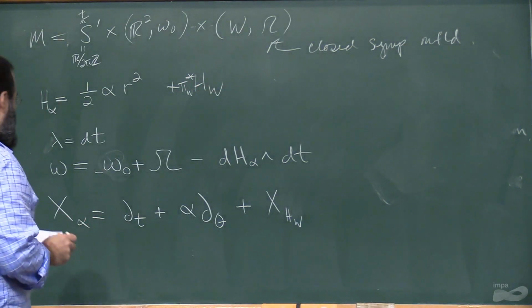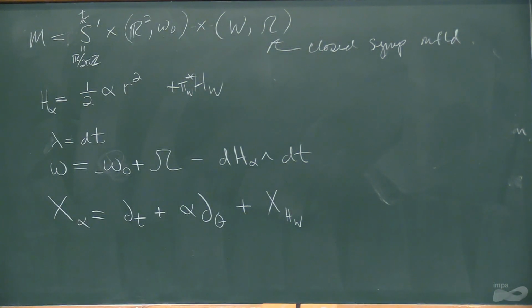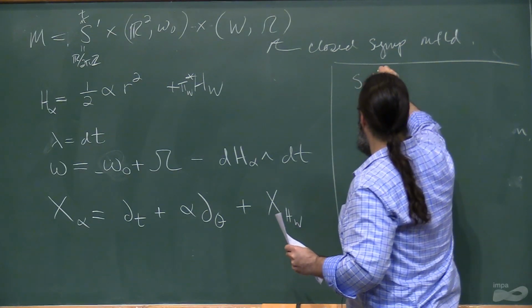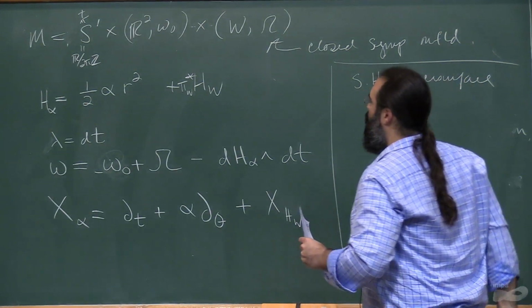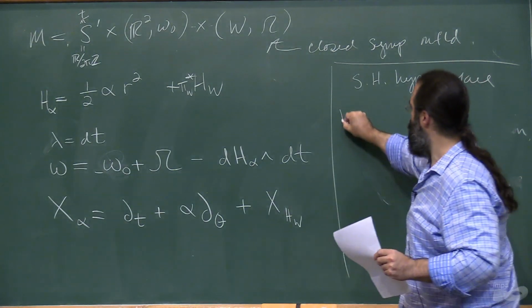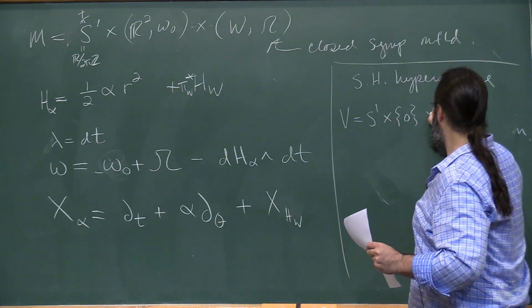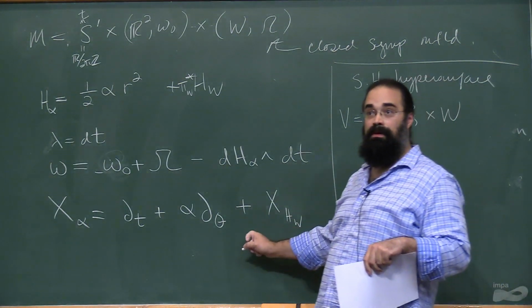That's not really so important. Okay, and now, well, first of all, note, let's find a nice stable Hamiltonian hypersurface here. So the stable Hamiltonian hypersurface, the codimension 2 guy, is going to be S1 cross 0 cross W. Okay? So that is fixed by the flow of this vector field.